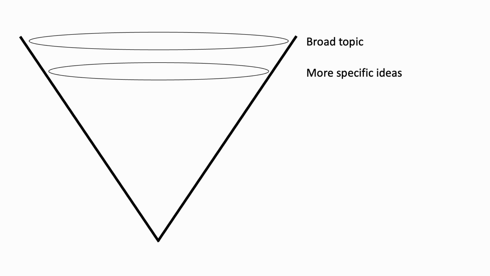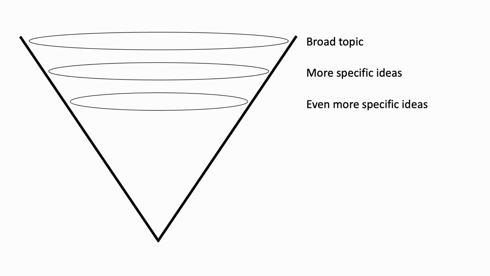So any studies or anything that you need to tell me about any of these more specific ideas would be the next step in synthesizing this literature review. We then go down to even more specific ideas. So here the example could be that we're previously looking at diesel, we're now looking at the bio-based form of diesel. We carry on like this until we can focus in on our area.